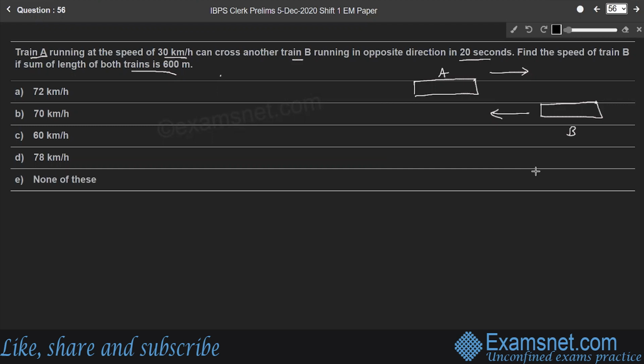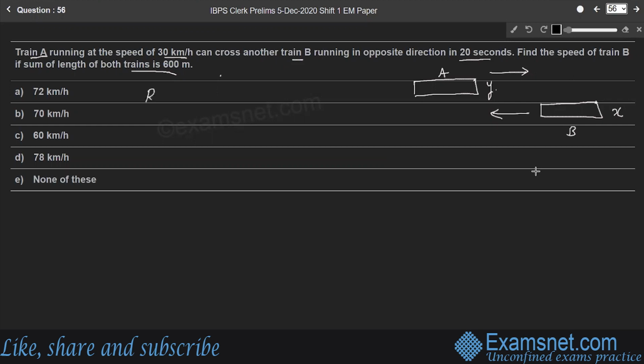If two trains are running in opposite directions at some speeds, let x be the speed of B and y be the speed of A. Both the trains are moving in opposite direction, so their relative speed will be x plus y, the sum of their speeds.